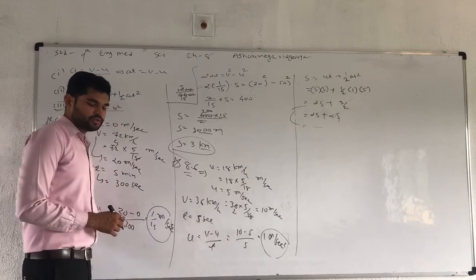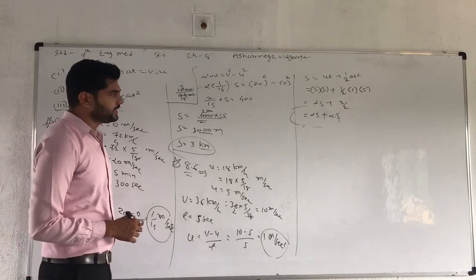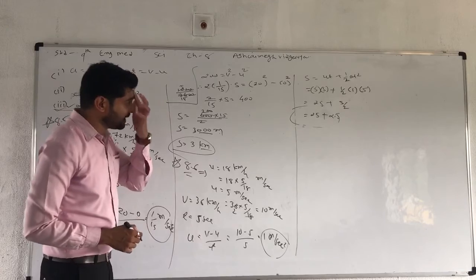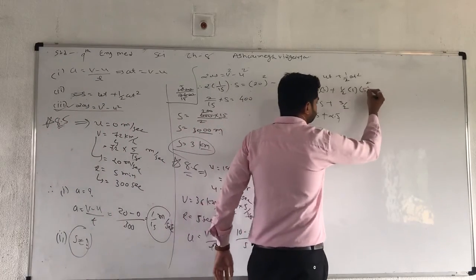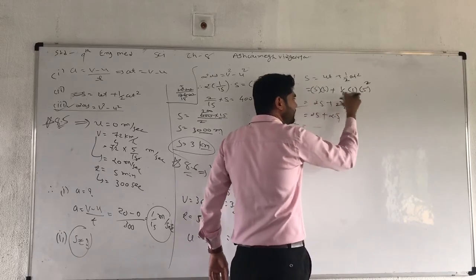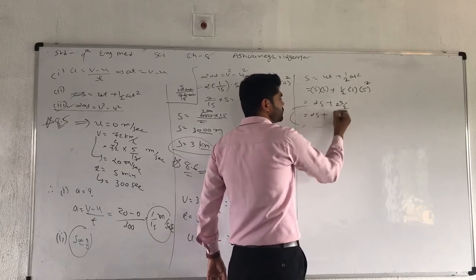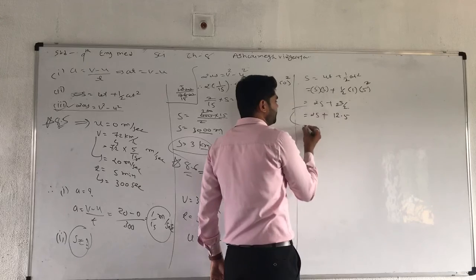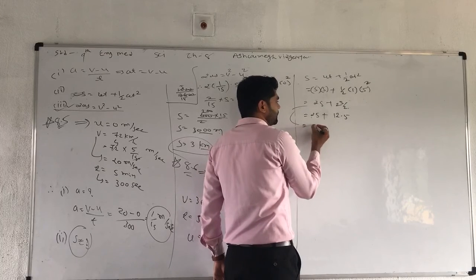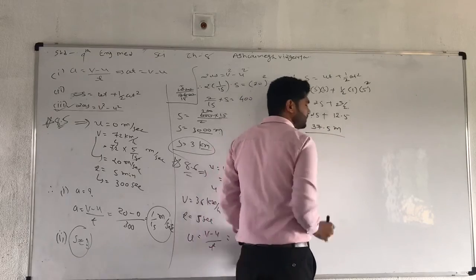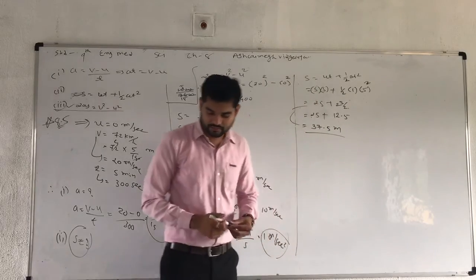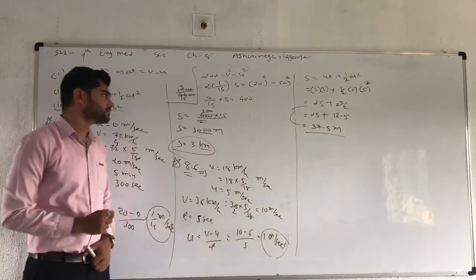Value of a is equal to 1 and t is given as 5, but here it is t square, which means 5 square, it means 25 divided by 2. So that part is 12.5. Therefore 25 plus 12.5 is 37.5 meters distance covered by the car.